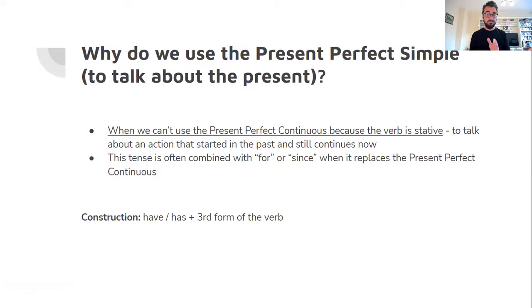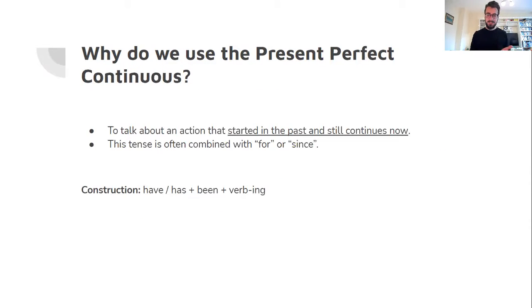This is the formula for the perfect simple tense. So remember that, and that's why we can include the present perfect simple in that group of 4 tenses that we use to talk about the present. It's because really when we have this kind of exception, this is when we need to use it. But normally, it's the continuous tense that we need to use.